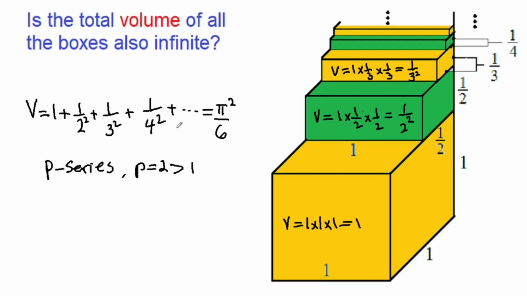The idea of figuring out what the actual value of this series was is called the Basel problem, because Basel was Euler's hometown. And I have links to this in the video description below.